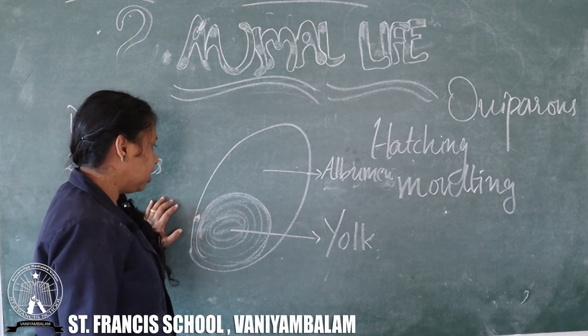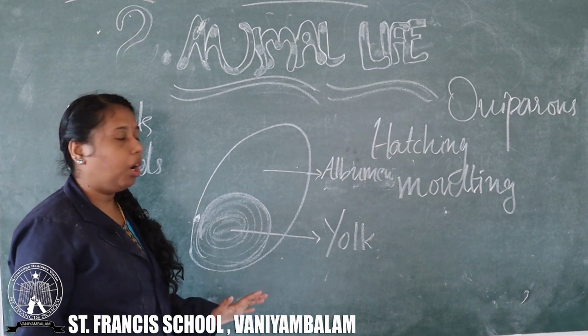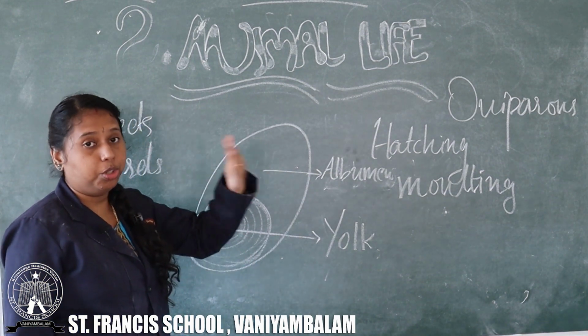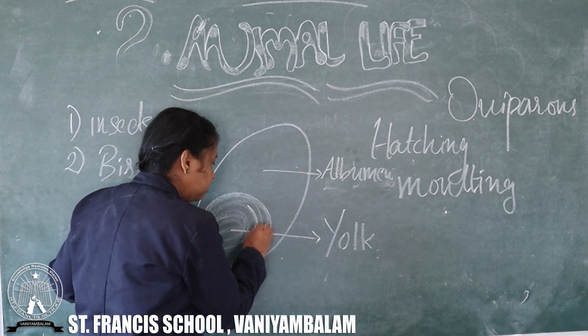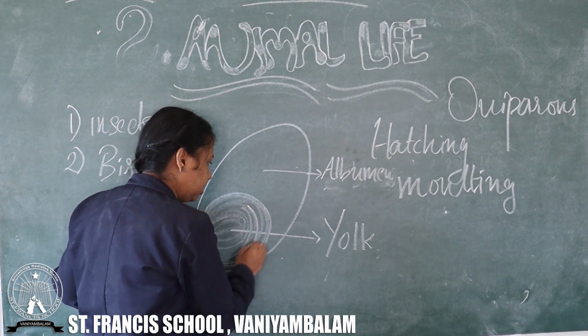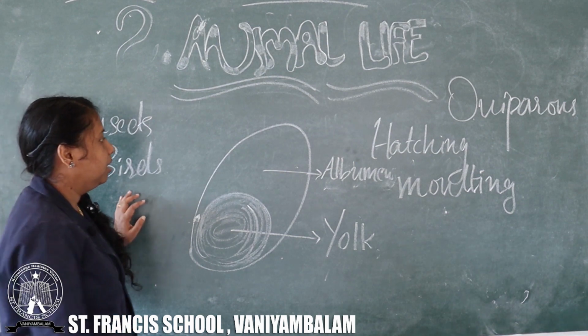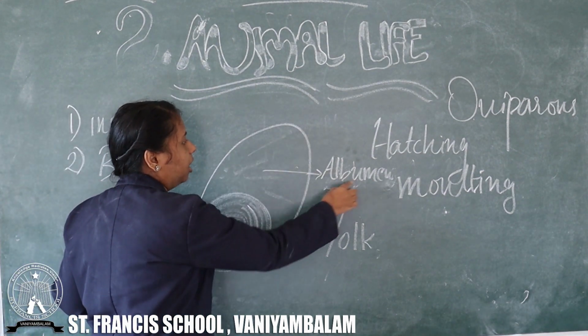And you know, my children, this yellow color is nothing but the food of the baby which is going to develop into a new one. This yellow color substance, you might have seen inside the egg of hen, and this jelly type structure is known as albumin.